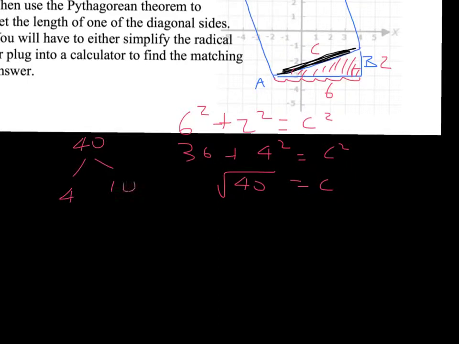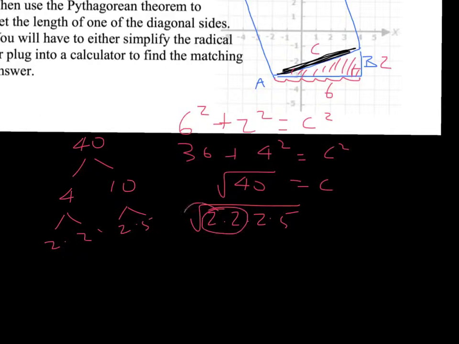Most teachers and students feel comfortable with this method of breaking down a radical. It's not my particularly favorite way to do it, but if you had radical 40, it's the same thing as making a factor tree like that: 2 times 2 times 2 times 5. And then the rule is for every pair, 1 comes out.